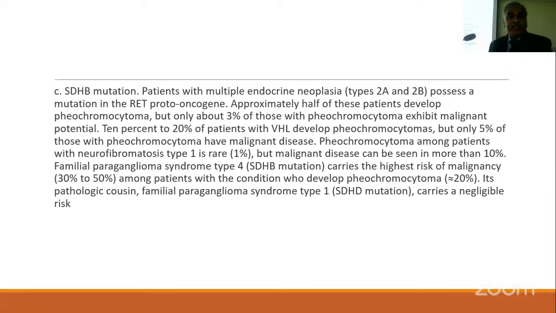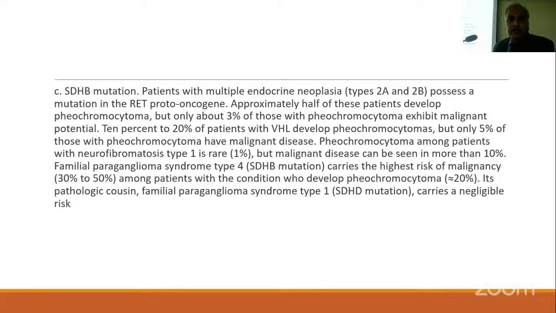Okay. So SDHB mutation. Patients with MEN2A and 2B possess a mutation in the RET proto-oncogene. Approximately half of these patients develop PHEO, but only about 3% of those with PHEO exhibit malignant potential. 10% to 20% of patients with VHL develop PHEO, but only 5% of those with PHEO have malignant disease.